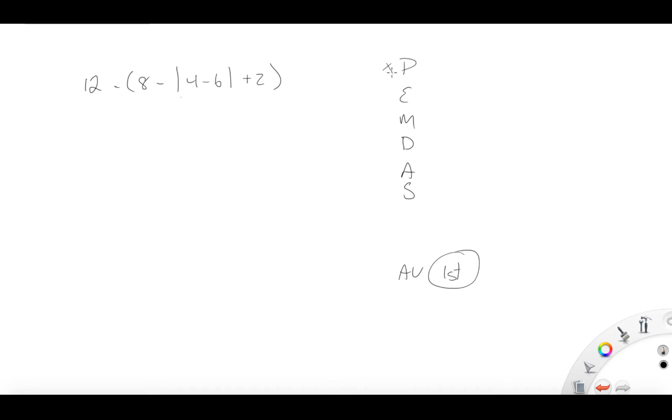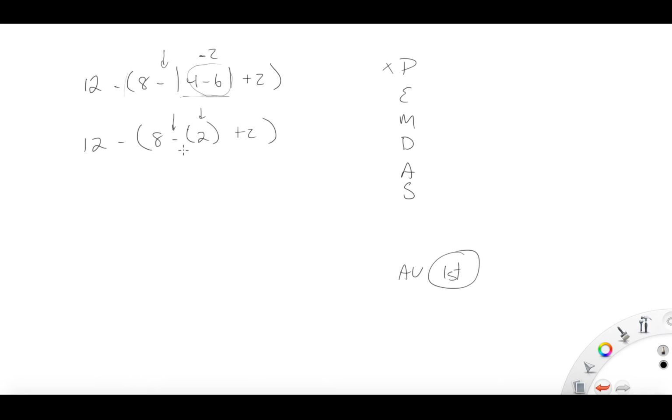We're going to do parentheses first, and in the parentheses we're going to solve what's inside the absolute value first. So 12 minus, 8 minus, and then what's this value right here? 4 minus 6 is actually a negative 2. However, we would call the absolute value of negative 2, 2. But remember, we've got to keep this symbol right here. So even though we get a negative 2 inside that absolute value, it's a positive 2, plus 2.